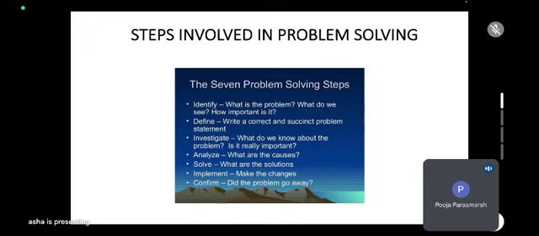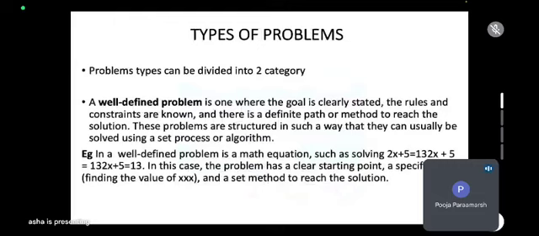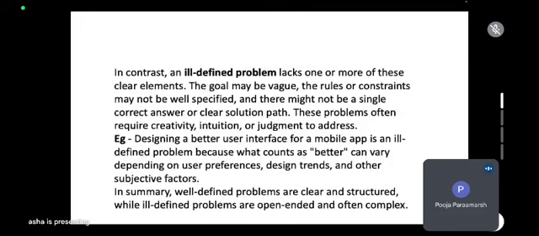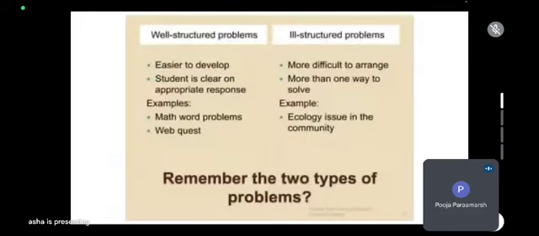Then I spoke about types of problems. 2 types of problems. One is well defined, another one is ill structured. Well structured or ill structured, or well defined or ill defined, you can write anything. Well defined is easier, ill structured is more difficult to arrange.